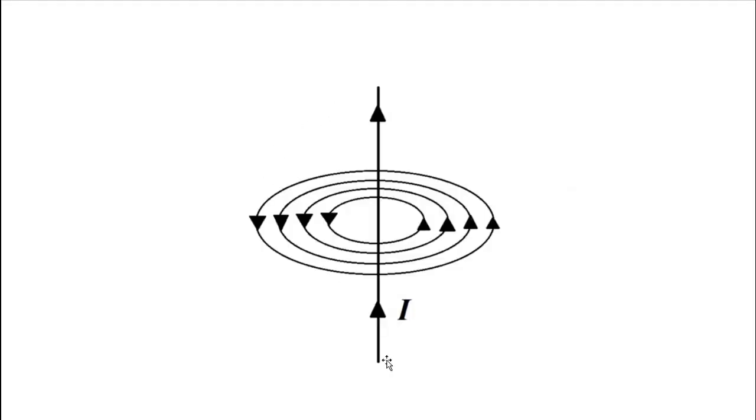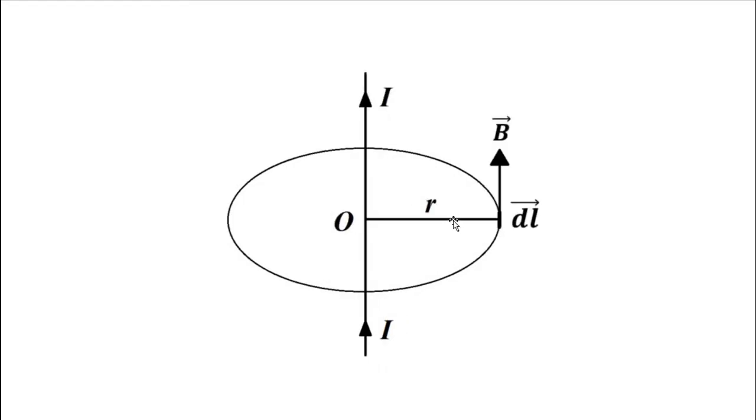It is carrying a current I. Now the magnetic field lines will be in the form of concentric circles around it. So here, in order to prove Ampere's Circuital Law, we'll pick any one concentric circle which is at a fixed distance r from the center O.